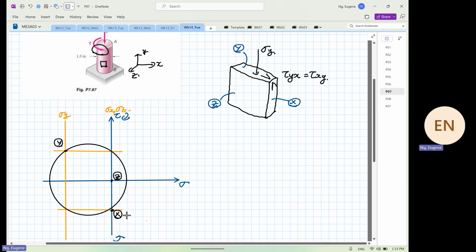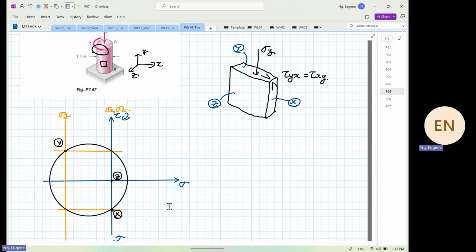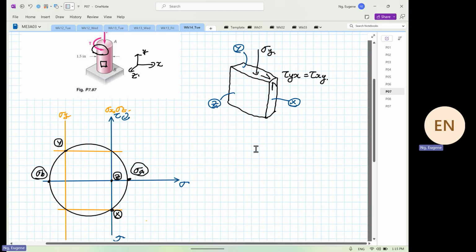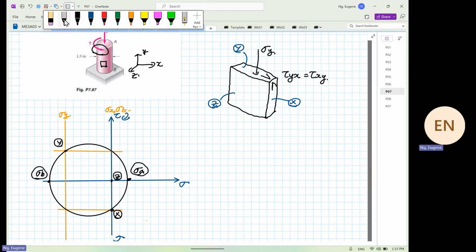Today we draw this a lot of times, right? So now by using the XY data, we know that this is our stress A and this is our stress B. Because if we were to construct the other two circles, what circle?